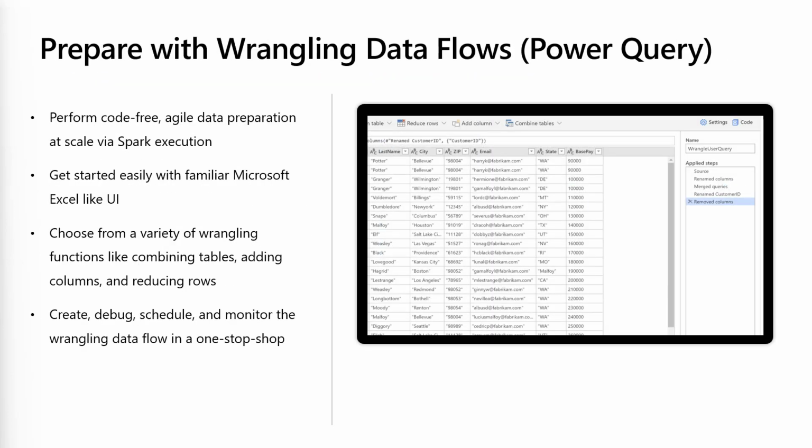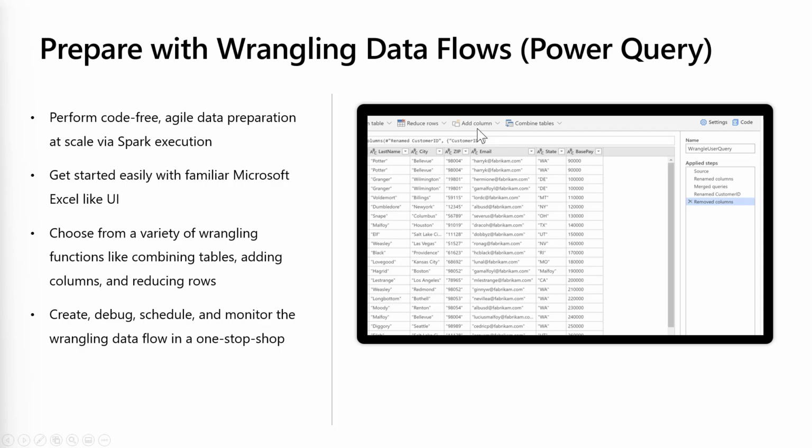There's another type of code-free transformation method called wrangling data flow, now renamed to Power Query. It's a similar experience to the Power BI Power Query module. It is Excel-like, and you can apply transformation steps, easily see the already applied transformation steps, or go back to them.